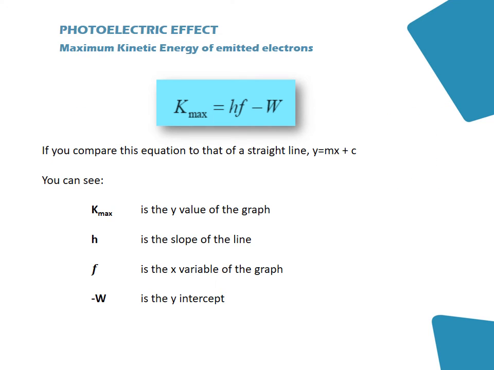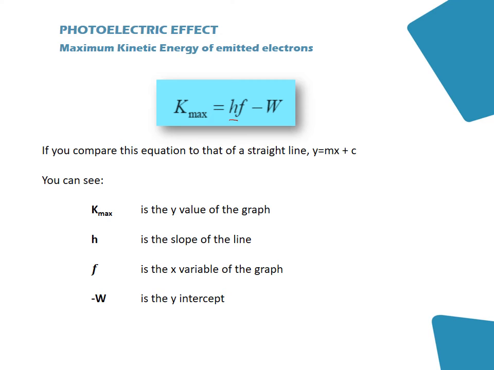To work out the maximum kinetic energy of the electrons once they leave the surface of the metal, we have this equation here, which is sometimes referred to as Einstein's photoelectric equation. It states that the maximum kinetic energy of the released electron can be found by Planck's constant multiplied by the frequency of the light minus the work function of the particular metal.